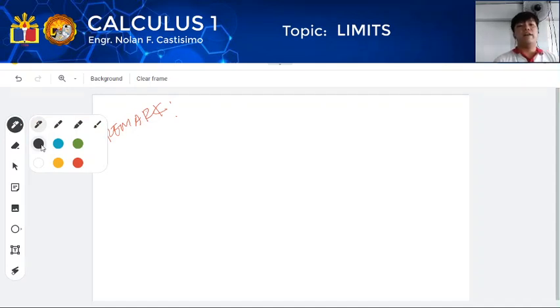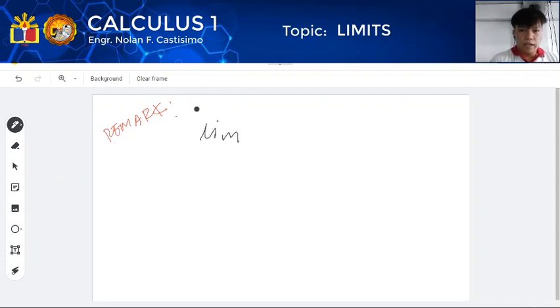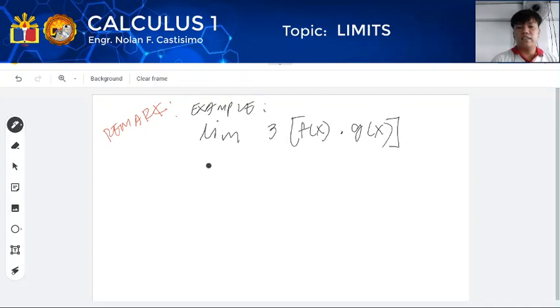So, for example, we have the limit of 3 f of x times, multiplication tayo, g of x, as x approaches a. So, kung mapapansin nyo, itong 3, yan ay yung constant natin, k.